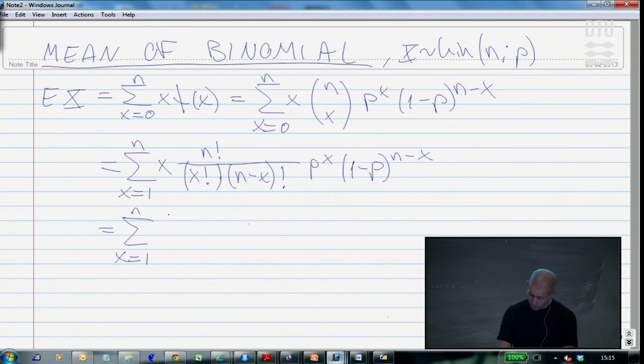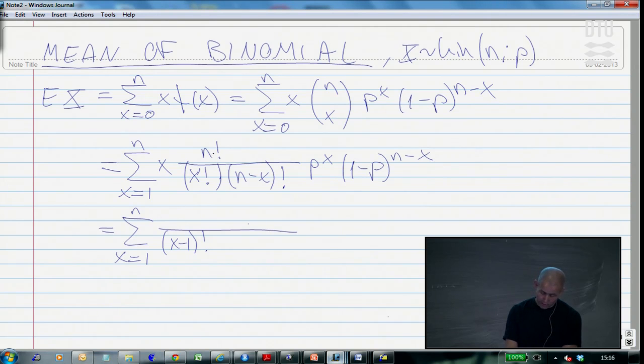I would like to actually put the x faculty here. The x faculty cancels out, or rather the x part of the x faculty would cancel out with the x from there. So I would have x minus 1 faculty.